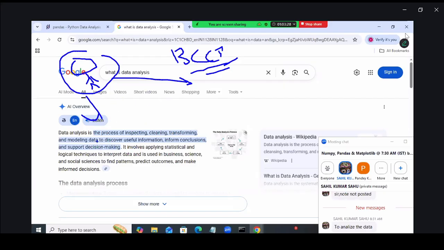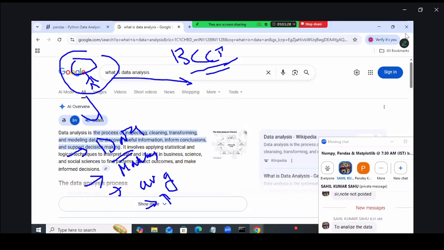So this player data, they collect it. Yes, this player data is collected, and after collecting the data, they analyze it. How many matches he played? Total number of matches, and what is the average?